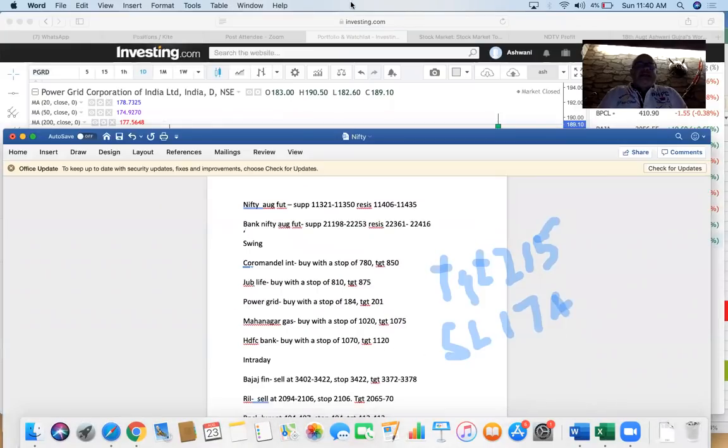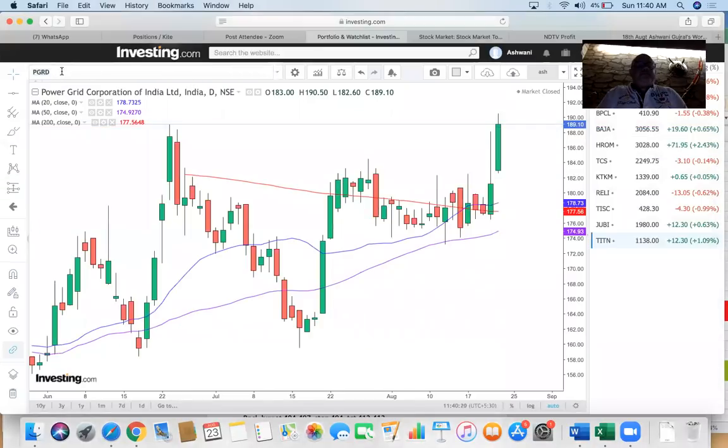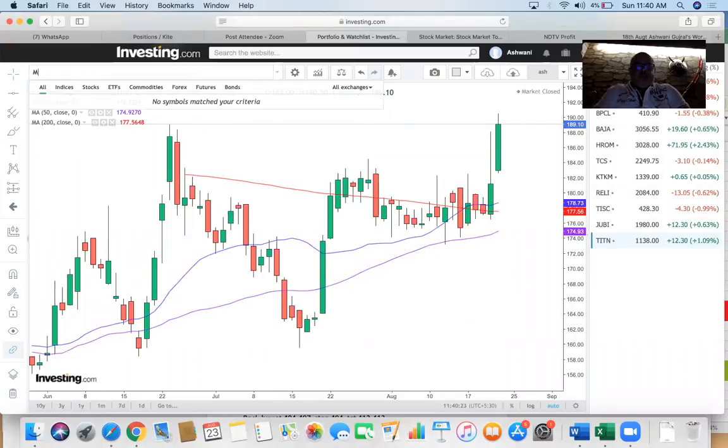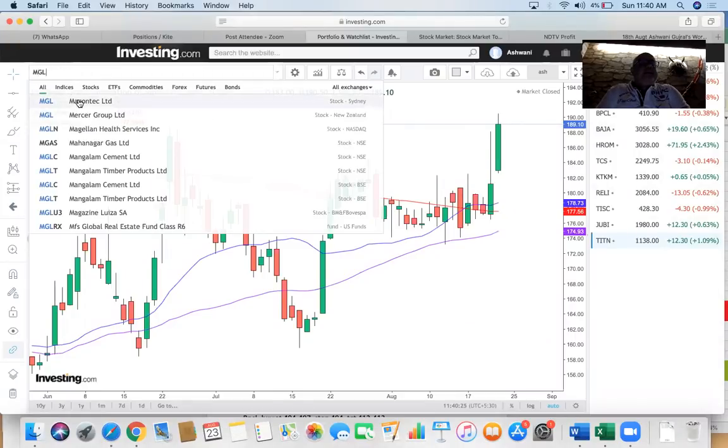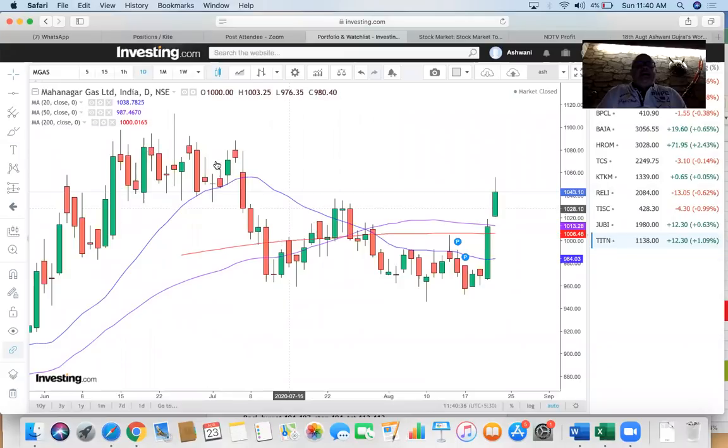Okay. Next stock is MGL, Mahanagar Gas. Again, it is completing a correction and coming out of the upside.